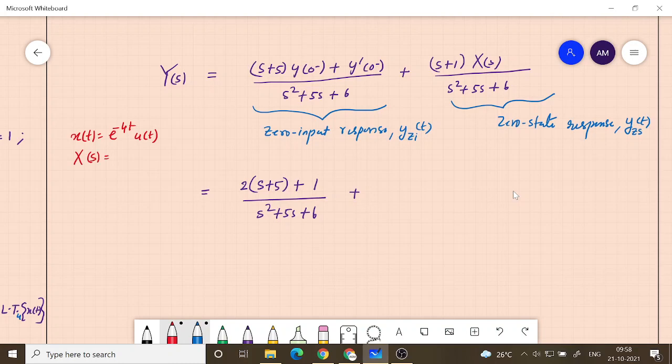If it was only u of t, then we know that it is 1 by s. But if it is multiplied with e raised to minus 4t, you know that it is 1 by s plus 4. So that is the Laplace transform of this particular term.